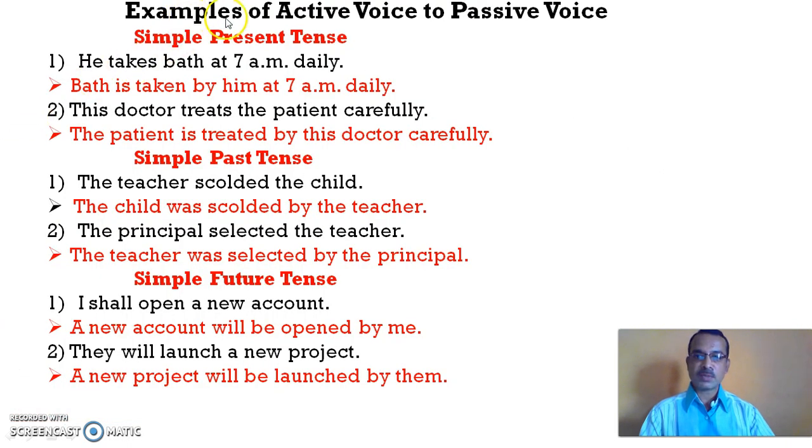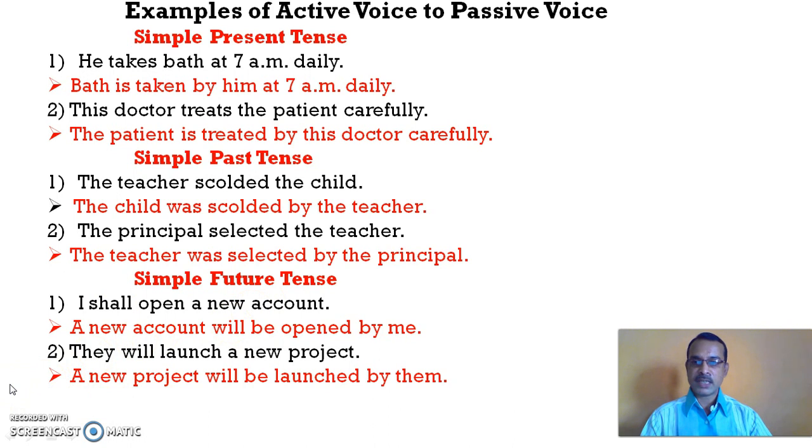Now, these are some examples of active to passive voice. Some of the examples are given in present tense, some in past tense, some in future tense, so that you can easily identify the difference between different types of sentences as well as different tenses. By practice, you can easily convert a sentence from active to passive and passive to active voice.